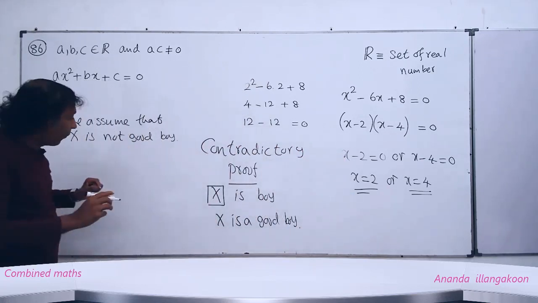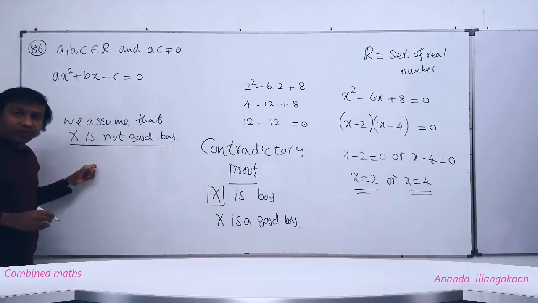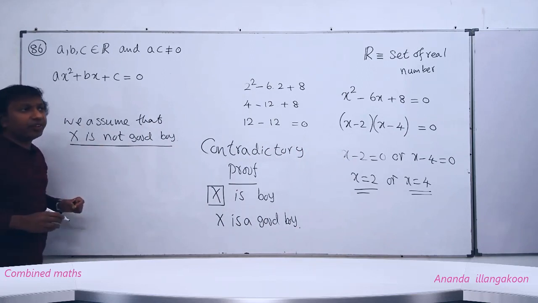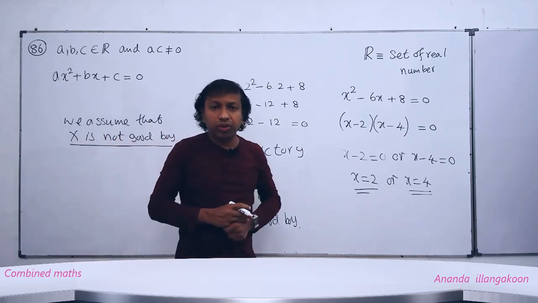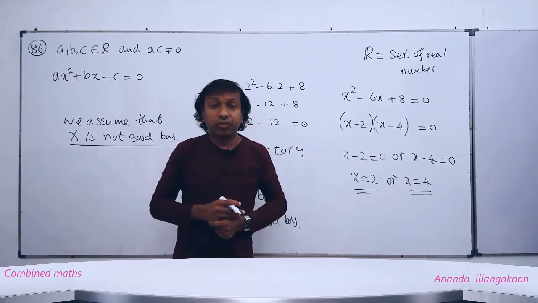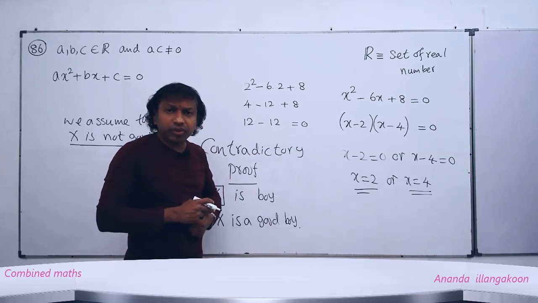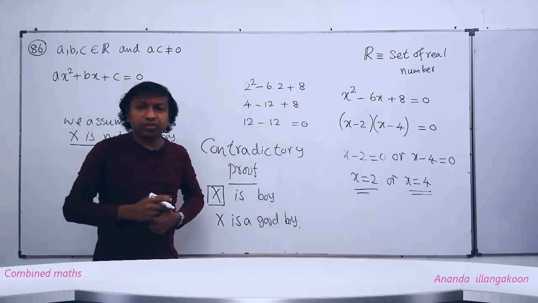Now, based on this assumption, we develop some statements. Then X is not a good boy. If X is not a good boy, then he must sleep long at night. X is not like that. If X is not a good boy, he should not wash his face and everything in the morning.